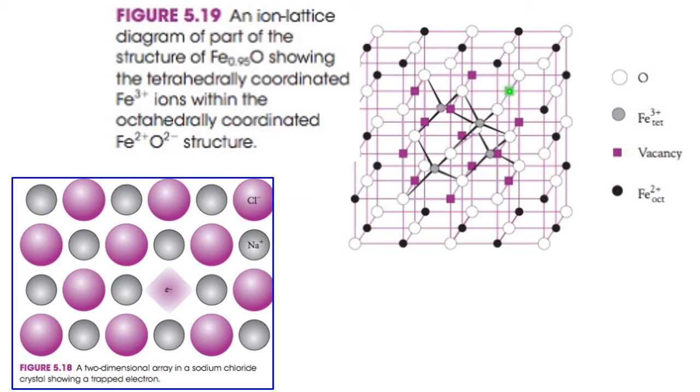As a result, of course, you need fewer iron ions to balance the charge because you have 3+. So you have vacancies. Some positions that should be occupied by iron are simply empty.